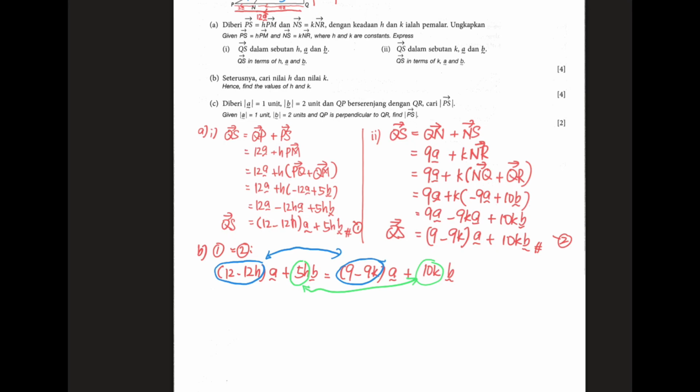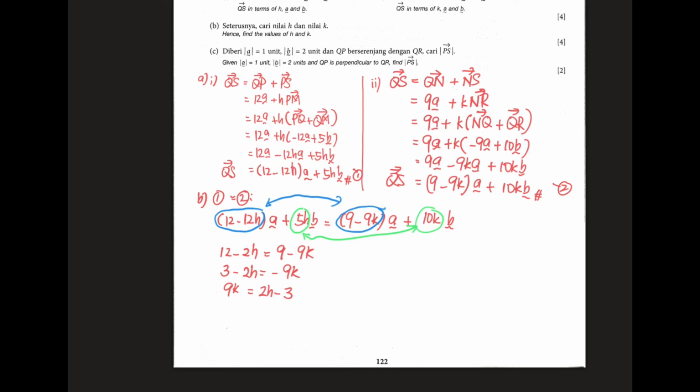Then you will realize, this question is very similar to the question just now. So this is what they prefer to ask in paper 2. So I compare the blue one, I get this equation, then I simplify it. 3 minus 2h equal to negative 9k. 9k equal to 2h minus 3.